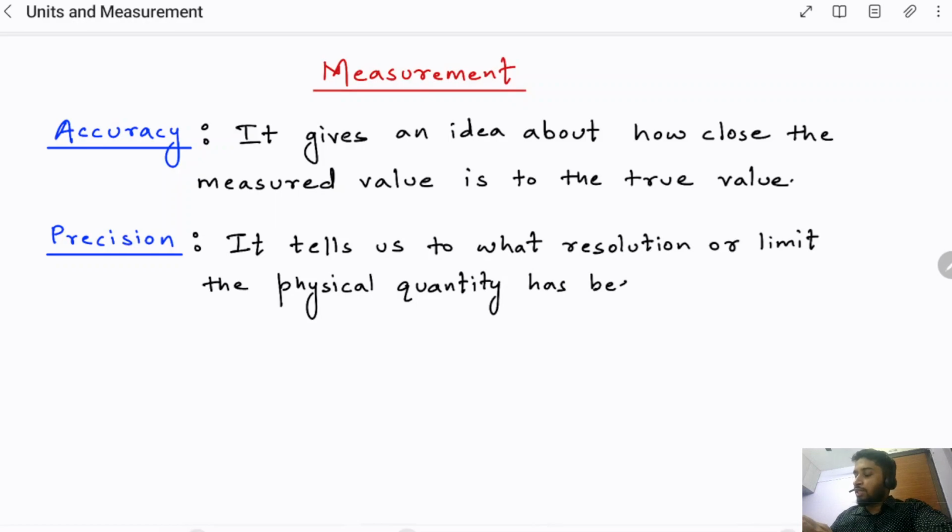So precision tells us to what resolution or limit the physical quantity has been measured.